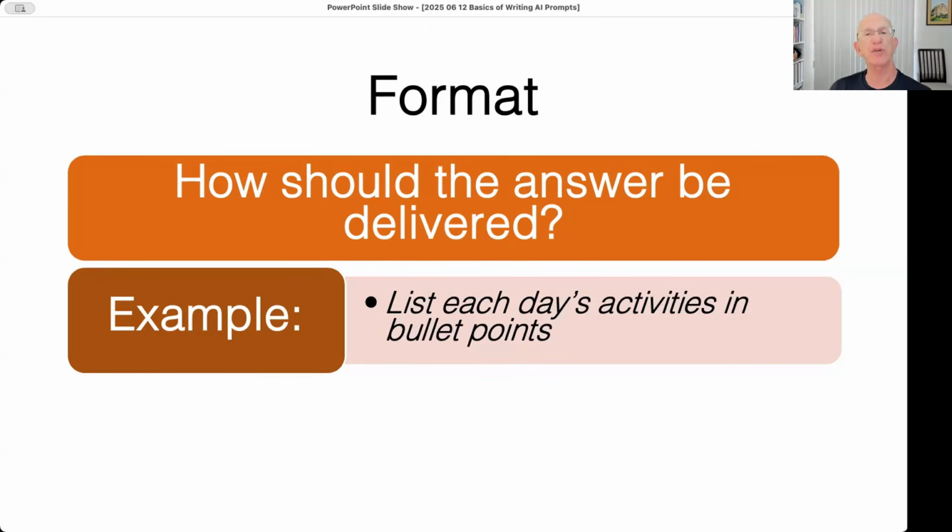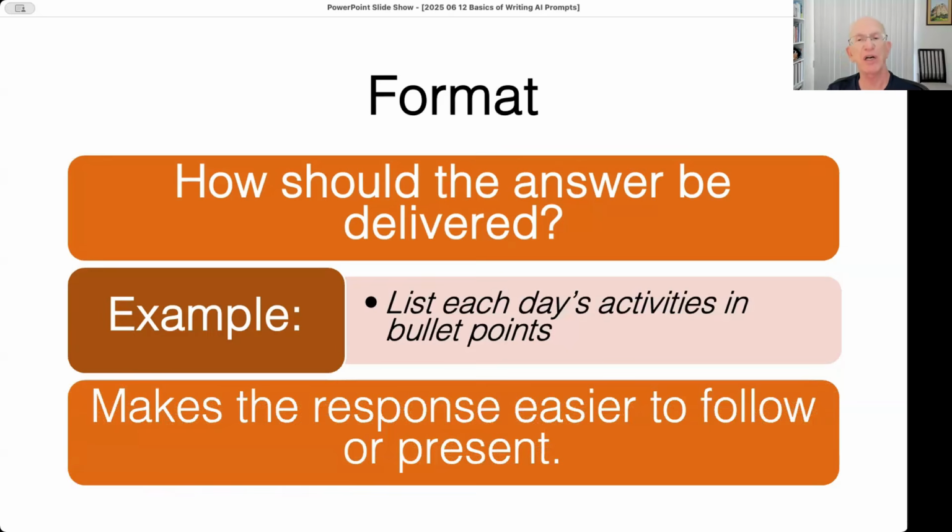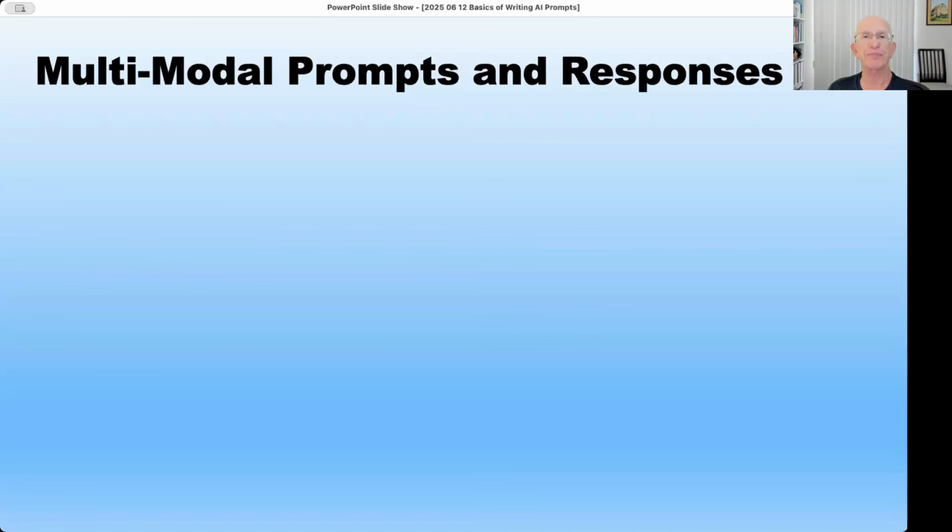But we could say list it by hour, in terms of what and how long each activity is going to be. And that makes the response easier to follow or to present if you're going to be posting it into another format or a document. So persona, task, context, and format are all aspects of a prompt.